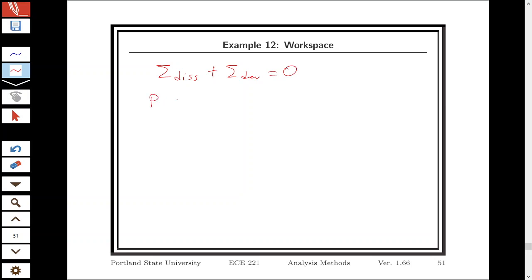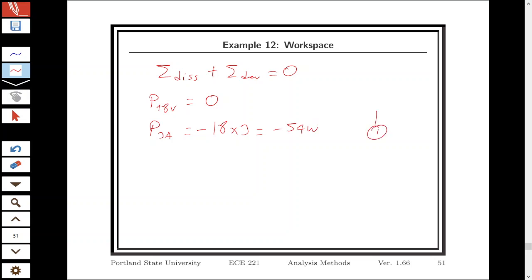Let's check the powers of each source. This is 0. The reason is that there is no current on the 18 volt source. The power on the 3 ampere source is minus 18 times 3, which is minus 54 watts.